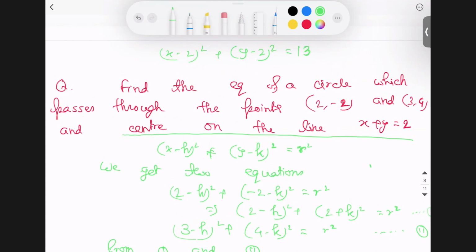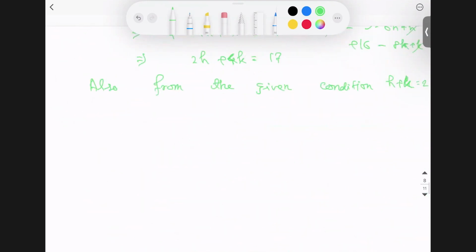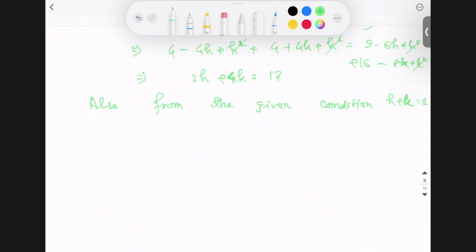So h comma k lies on the line x plus y equals 2. So this will satisfy the equation h plus k equals 2. Fine. So we obtain two equations, one is this one, another is this one. Now, there are two equations and two unknown terms. So we can clearly solve these two equations.